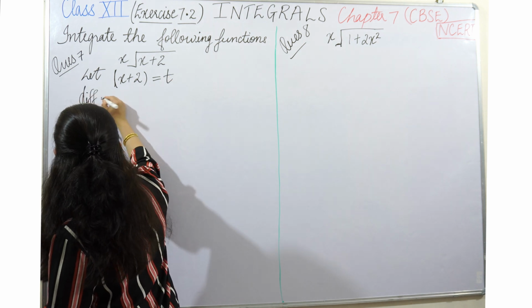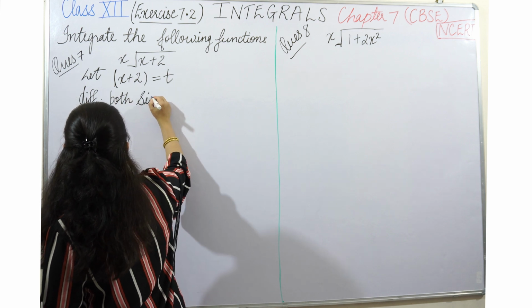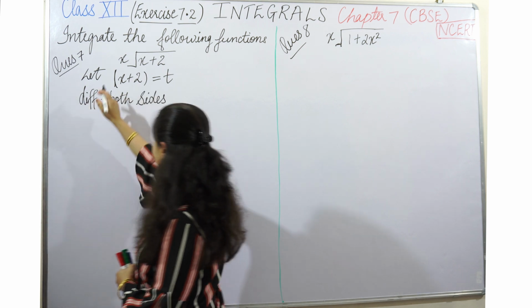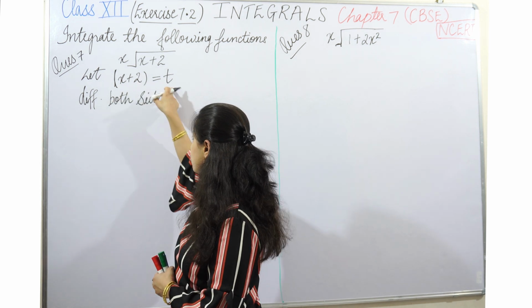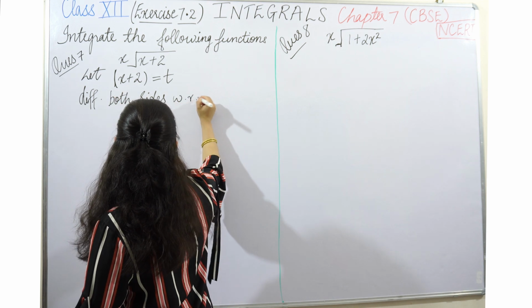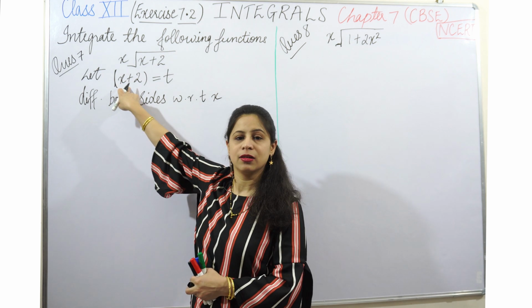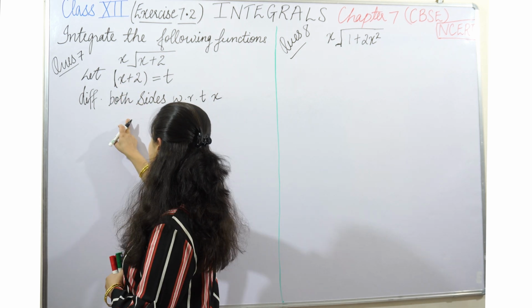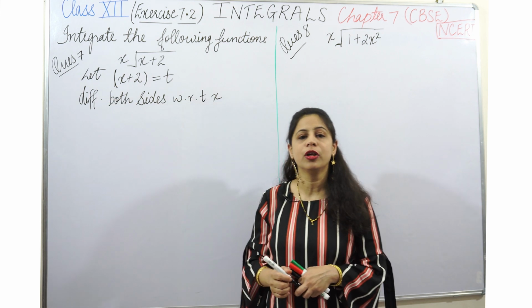Differentiating both sides with respect to x, when we differentiate x, we get 1.